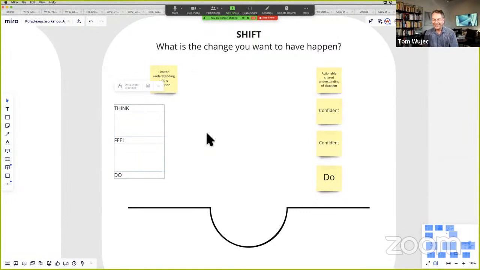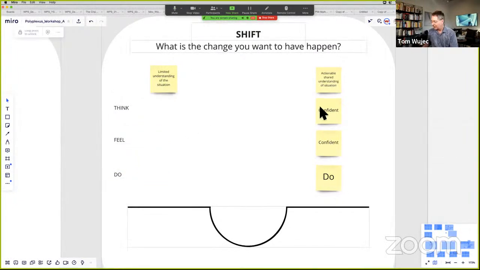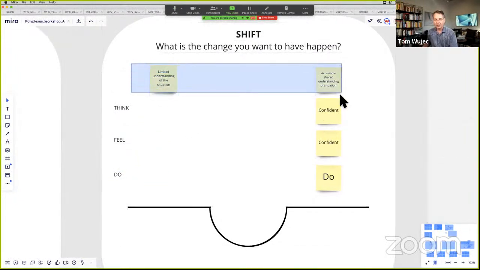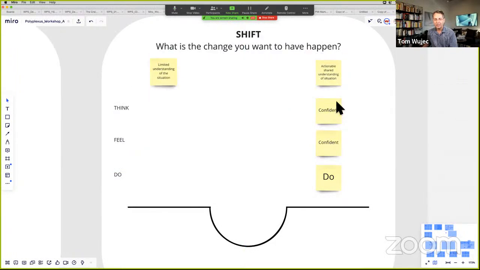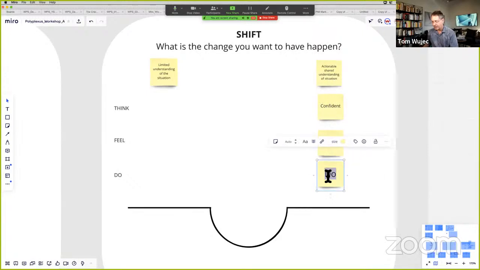Again, hopefully we'll get to them. And so we can become a little bit more specific with the target. So confidence is a feeling; it's not a thought. And do would be an action plan.